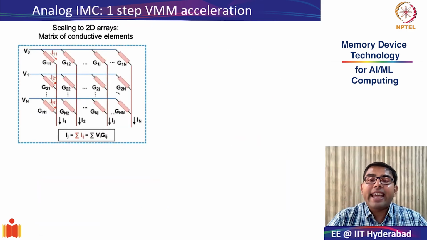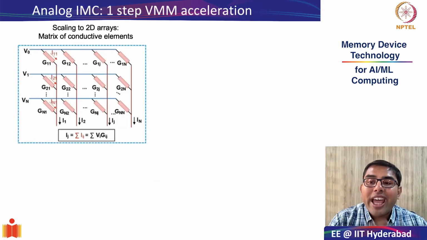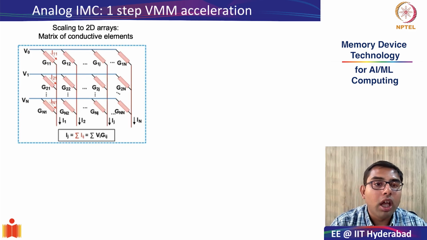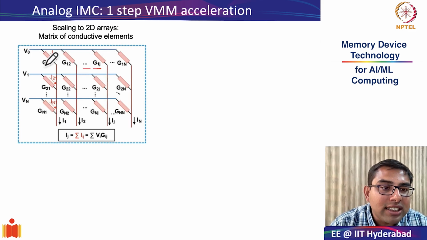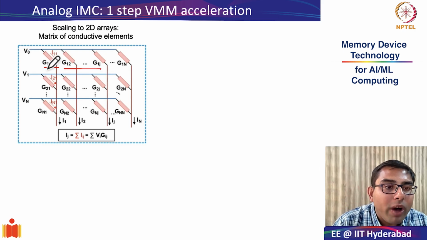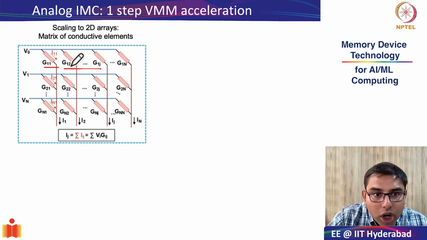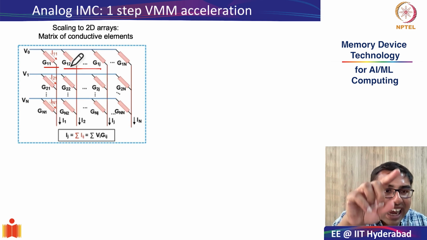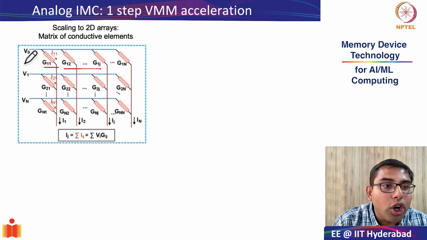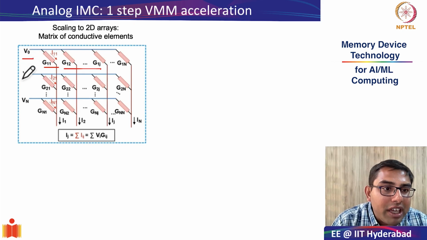Now let's scale up these two elements into a two-dimensional array, a conductance matrix. So here in the two-dimensional array, you have G11, G12, a row of conductances and a column of conductances, and at each and every row, you are applying the voltage V0, V1 right up till Vn.